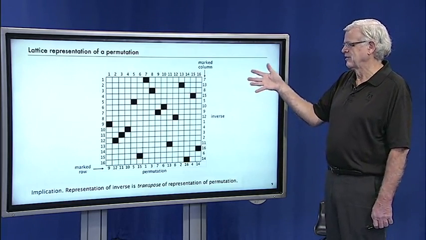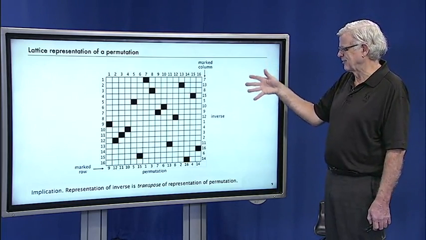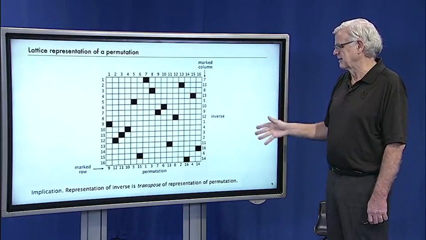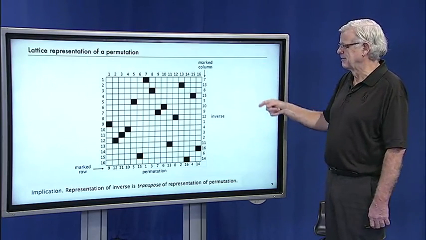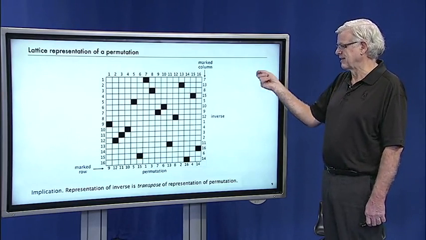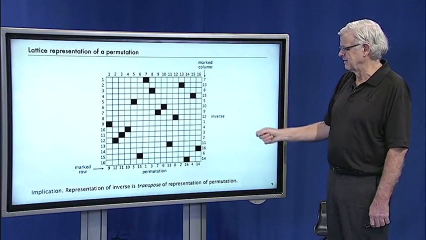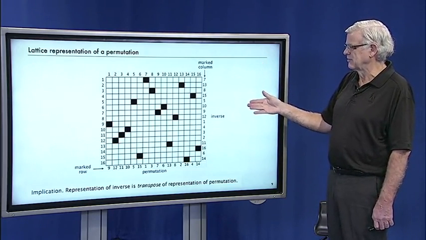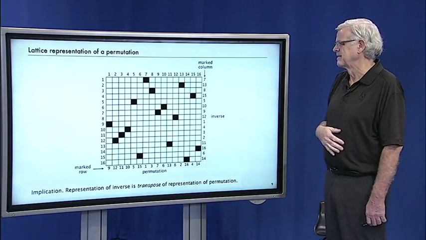And then what's interesting, and it doesn't take too much thought to convince yourself that this works, is if you look at the columns that are marked one by one, the first column that's marked is 7, the second one is 13, and so forth. If you just read off the columns that are marked, what you get is the inverse of the permutation.